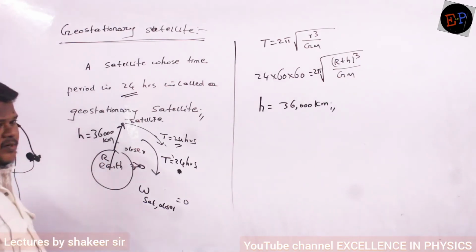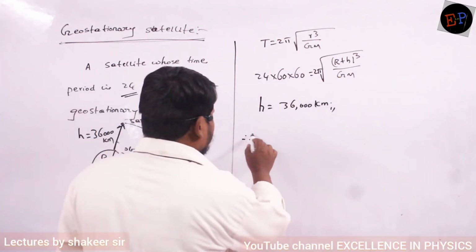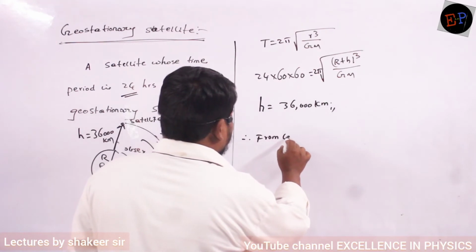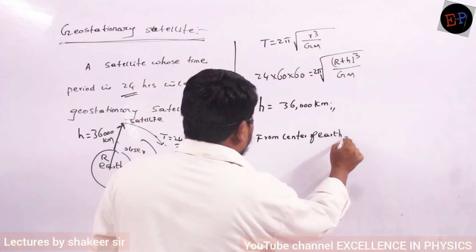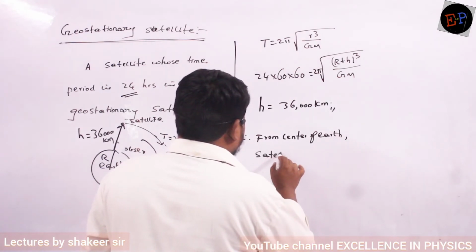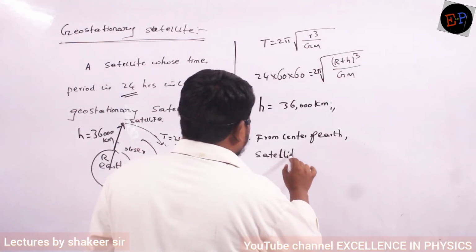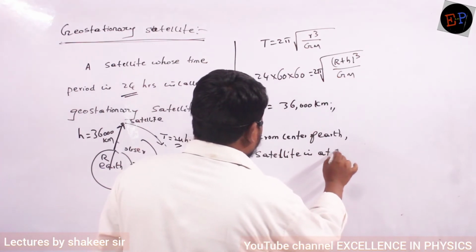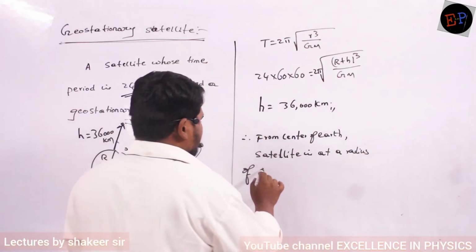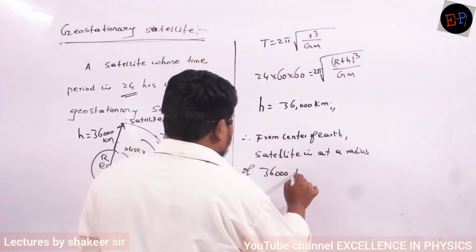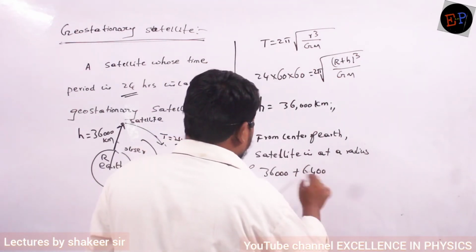And from the center of Earth, at how much distance is it present? Here you additionally have to add R, no? Therefore from the center of Earth, the satellite is at a radius of 36,000 plus 6,400 kilometers.